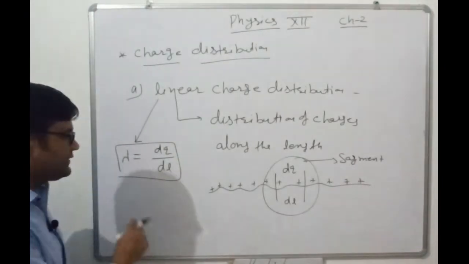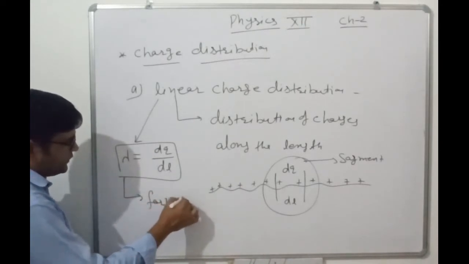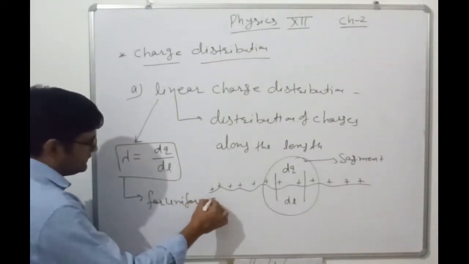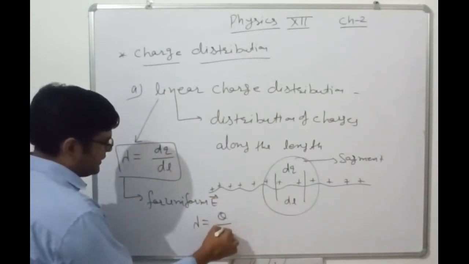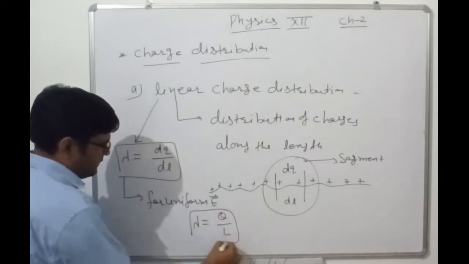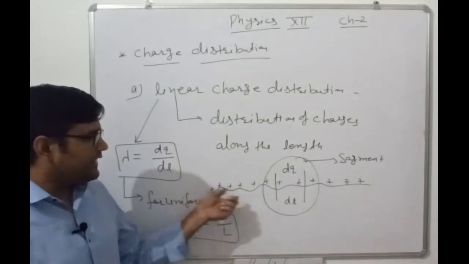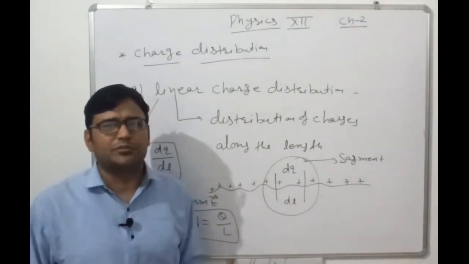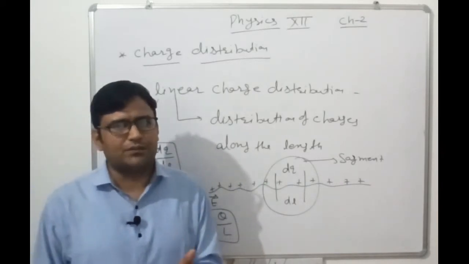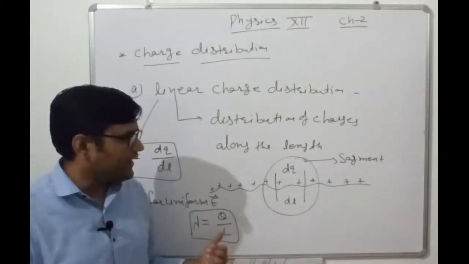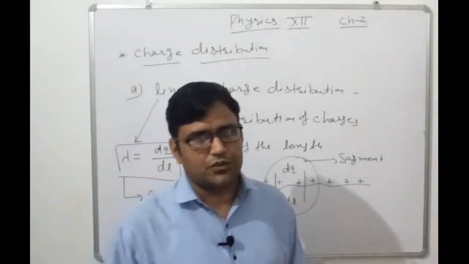If we are considering a uniform distribution, the formulation is q upon l, because the net charge is equally, uniformly distributed. That's why we consider the formulation in terms of q upon l. Clear? These are the basic formulations of linear charge distributions.